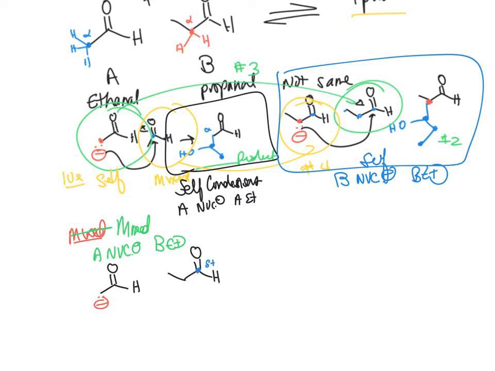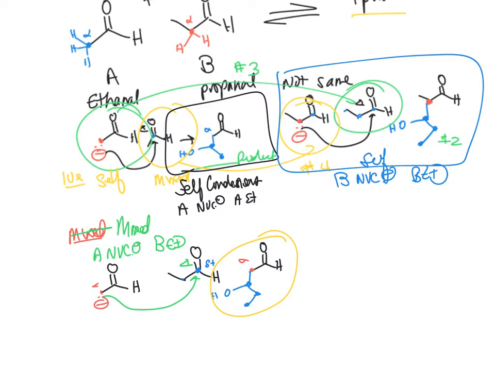Okay, so here we have these electrons going here, and then your product would be, I like to draw my enolate the same. This is my alpha carbon, and then it's going to react with the beta here to make an OH, and then we have 1, 2, 3, 4, 5, 1, 2, 3, 4, 5. So there's your product for that one.